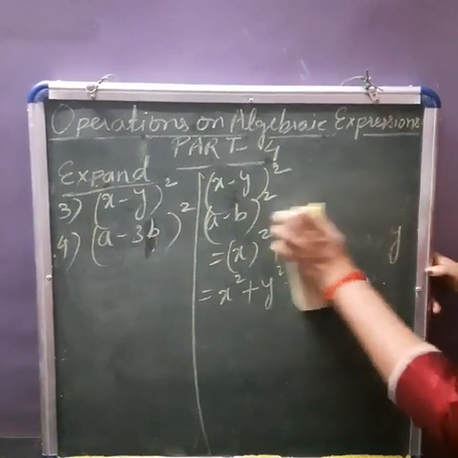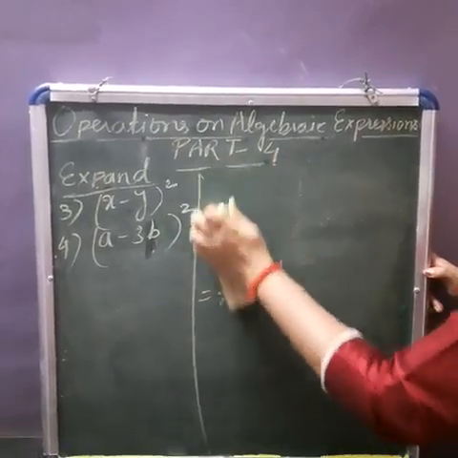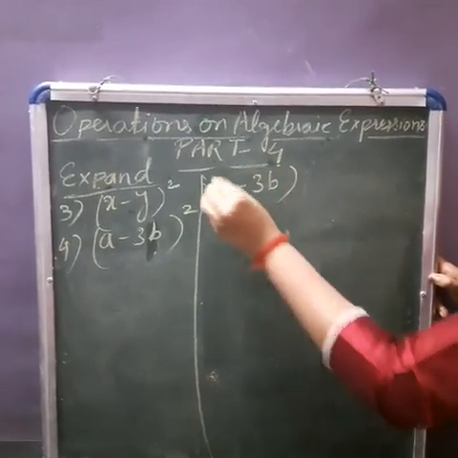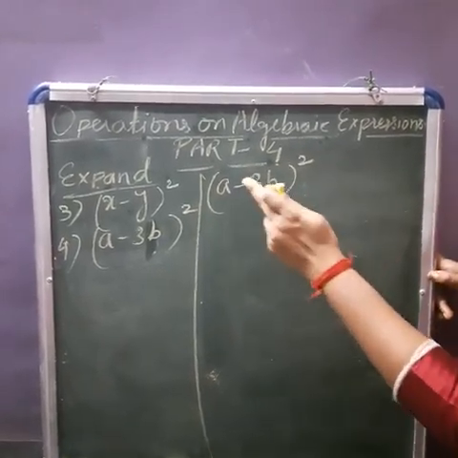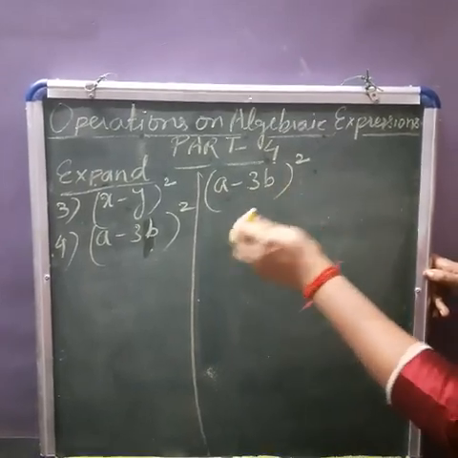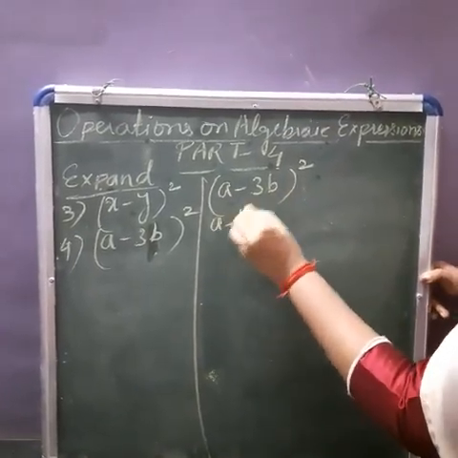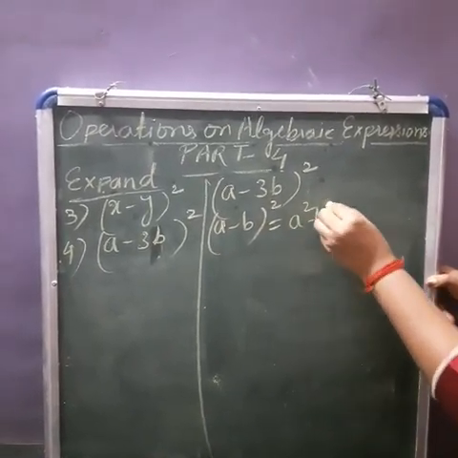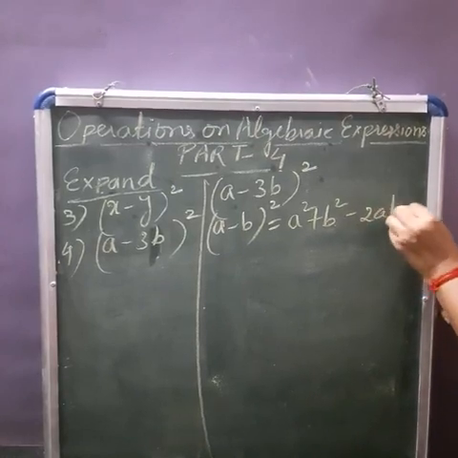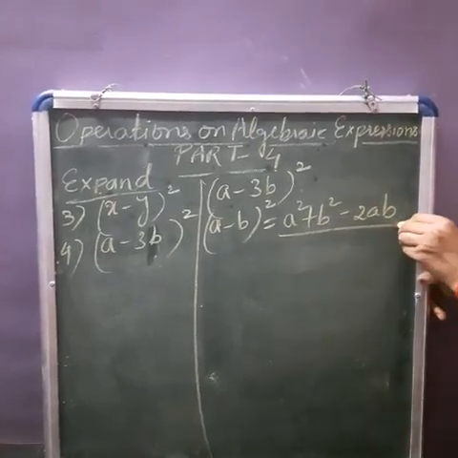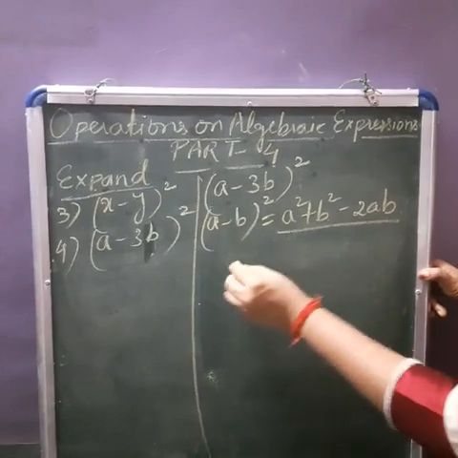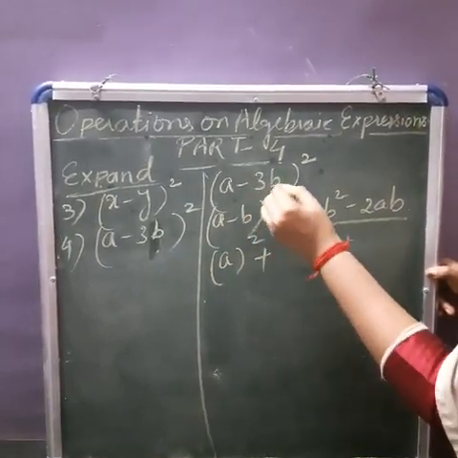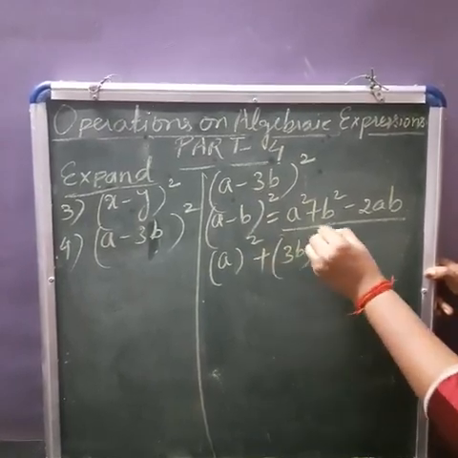For question number 4, it is (a - 3b) whole square. Again we will use (a - b) whole square for expansion. So first you will write this identity, and you have to learn these identities. a square plus b square minus 2ab. Now you will use the expansion side. It will be a whole square plus (3b) whole square minus 2.